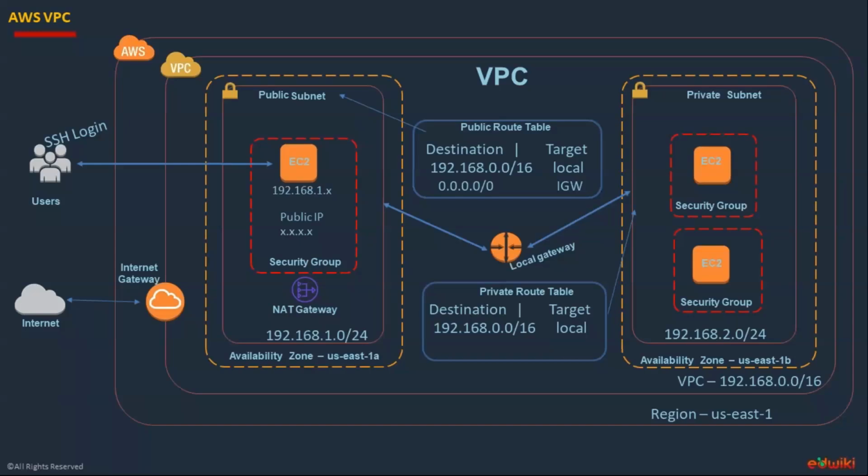NAT gateway is in the public subnet, private server is in the private subnet. Obviously, yes. Why? The private server and the NAT gateway both belong to the same VPC. When these two belong to the same VPC, they can communicate with each other using the local gateways.